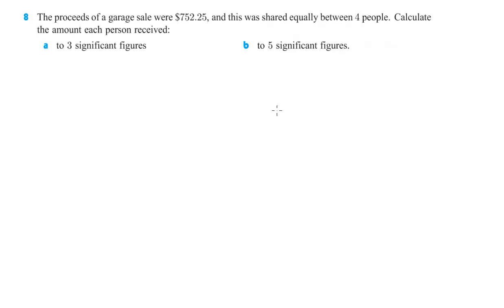All right. And then last one, 8 proceeds of a garage sale were $752.25. And this was shared equally between 4 people. Calculate the amount each person received to 3 significant figures and then to 5 significant figures.